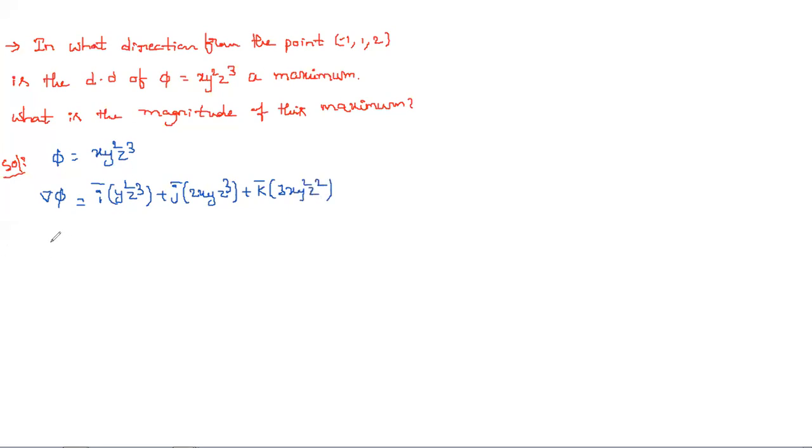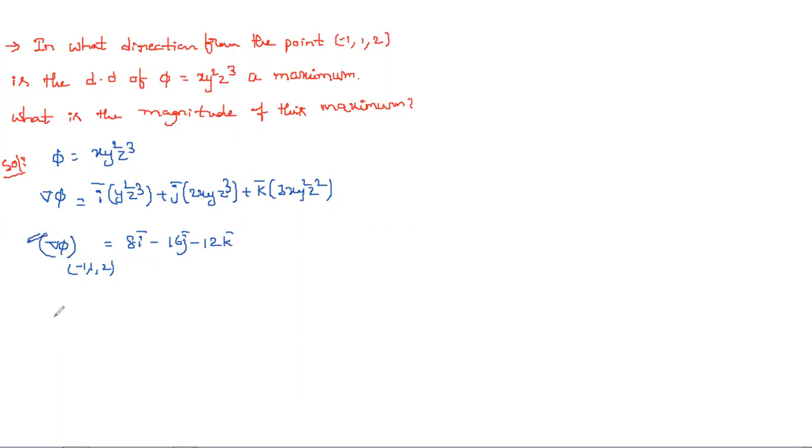And at the point they mentioned, del phi at the point minus 1, 1, 2, if you substitute in that, simply what we'll get is 8i minus 16j minus 12k. That's it. So this is the direction. Okay.